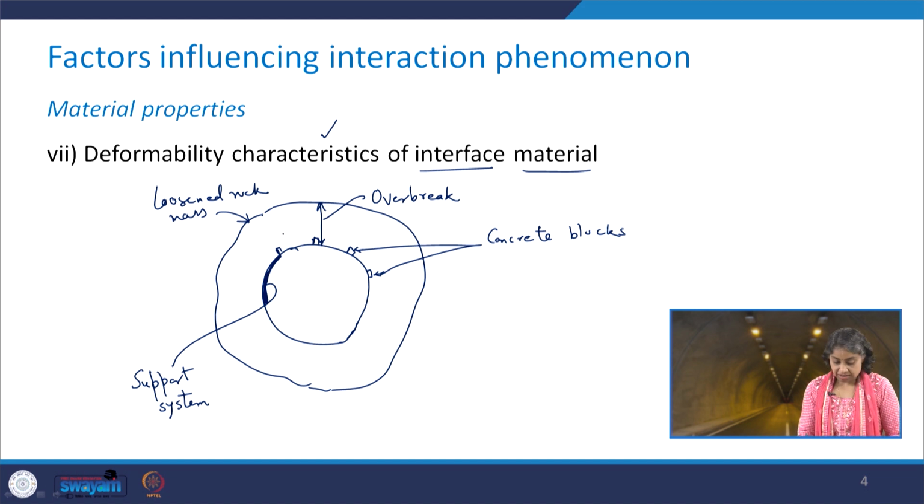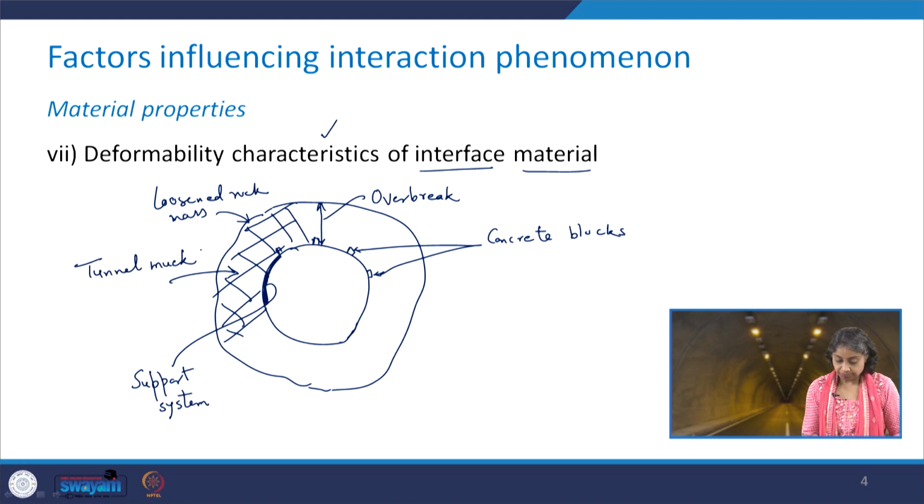So here this particular material in this loosened zone is called tunnel muck, and this is also called filter material.